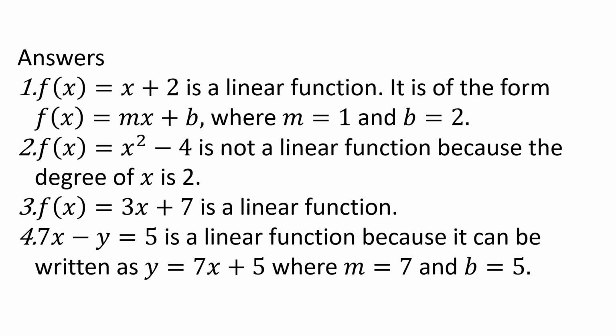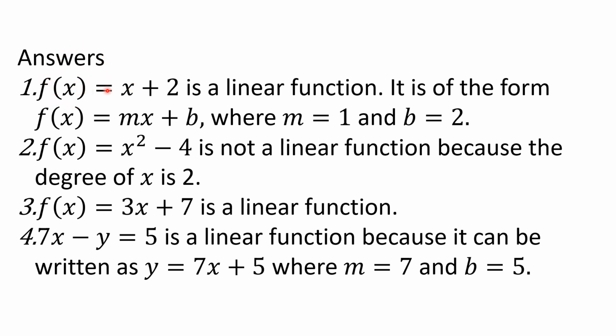So for number 1, f of x equals x plus 2 is a linear function. Because it is of the form f of x equals mx plus b, where m is our slope, which is 1, and b, our y-intercept, is 2. And take note, the degree of the exponent of our x is 1, and also of our f of x, or y equals f of x, is 1.